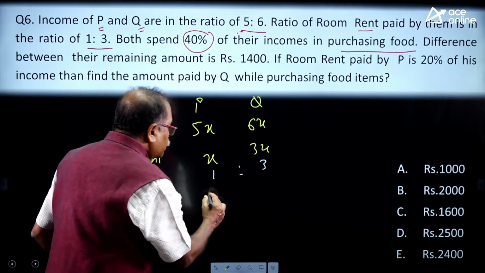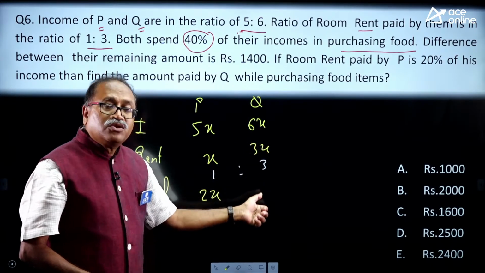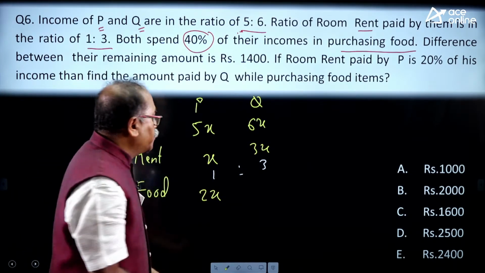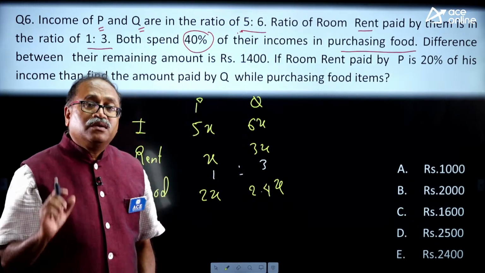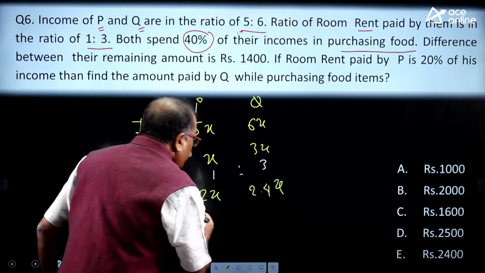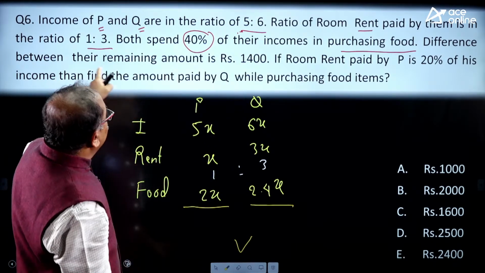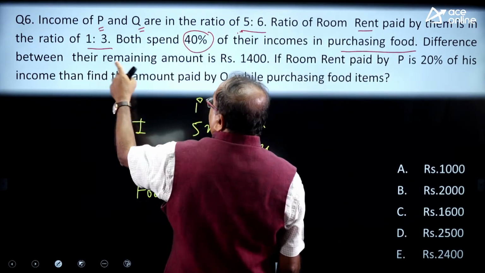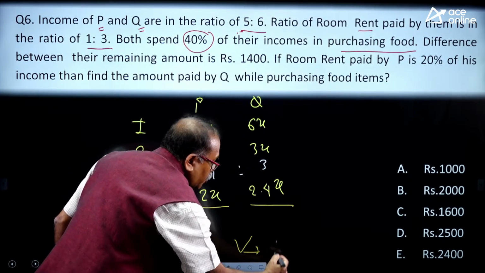That is 2x. So here is the other expenditure, 2x. And here 40% of 6x, that's 4 sixes are 24, so 2.4x. This is their expenditure. Whatever is left over, the difference between them is given to us, look at this sentence: the difference between their remaining amounts is 1400.